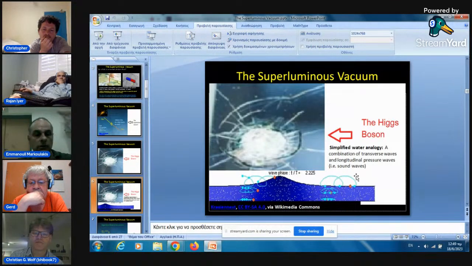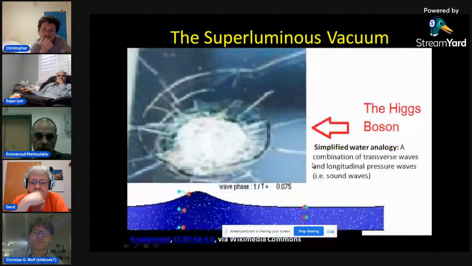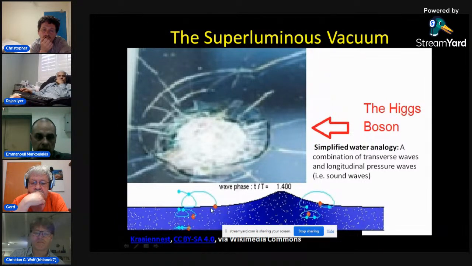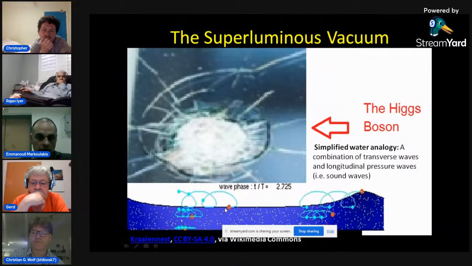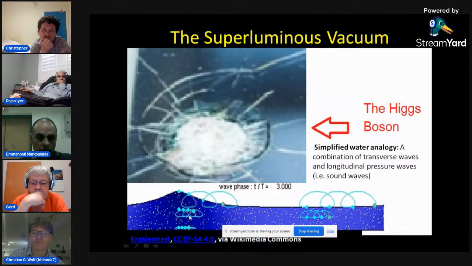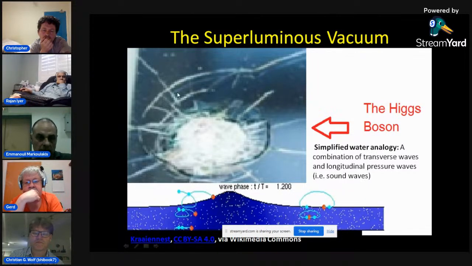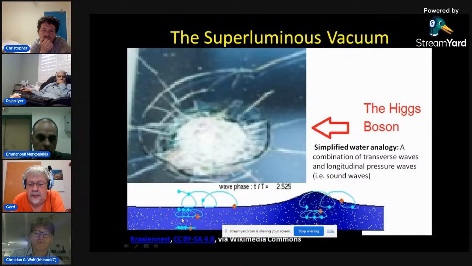Okay, this animation here. Even if we say this is the vacuum molecule, as an analogy, you have the circular motion, the Z-axis being the transverse waves, the circular waves, but you also have this axial radial wave, which is the longitudinal part.